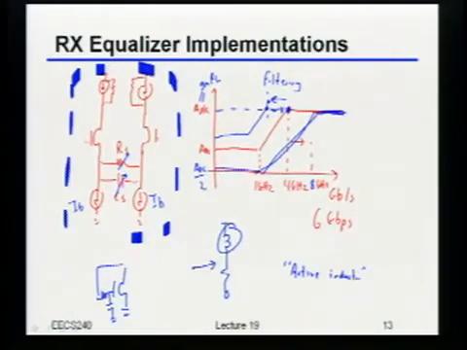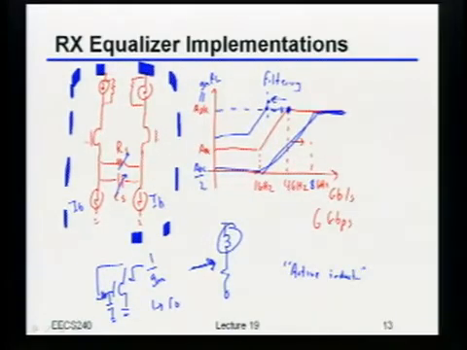If you think about it, this does exactly what we wanted this inductive load to do over here, right? Because at DC, this thing looks like 1 over GM, but at high frequencies, once the low-pass filter kicks in, it looks like an RO, okay?